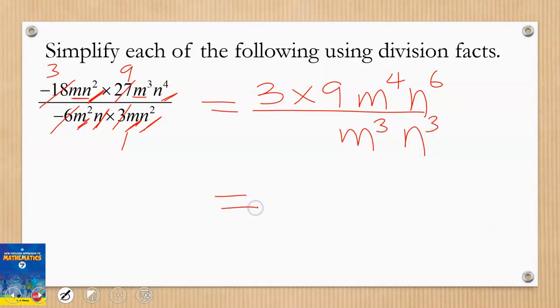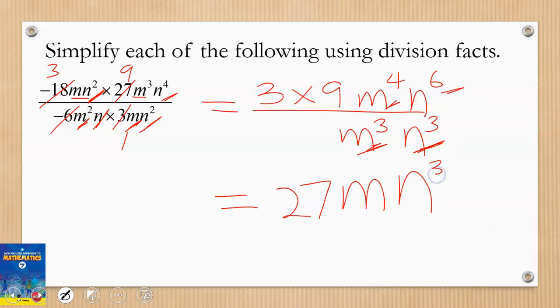Then finally we multiply 3 by 9 to get 27, right? Then m exponent 4 over 3 gives us m to the power 1, which I don't need to write. Then n exponent 6 over 3 means you are going to have n exponent 3. So that becomes the result.